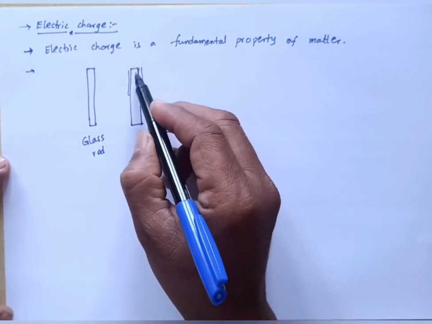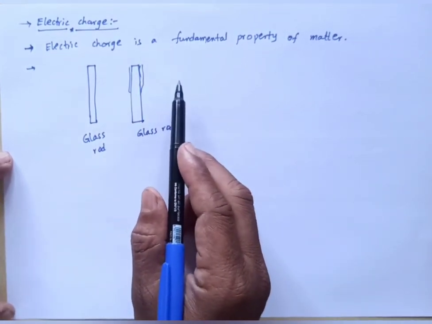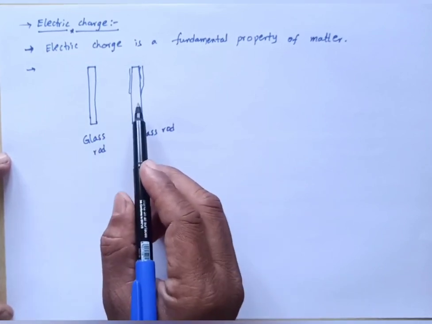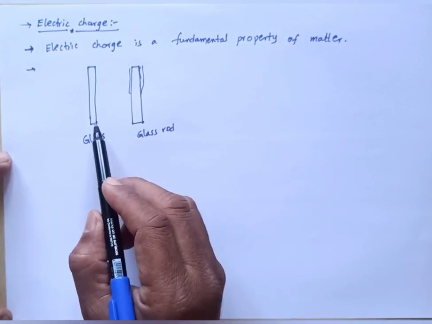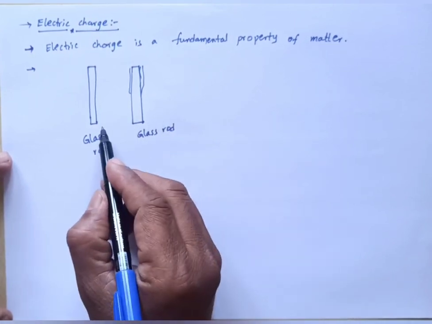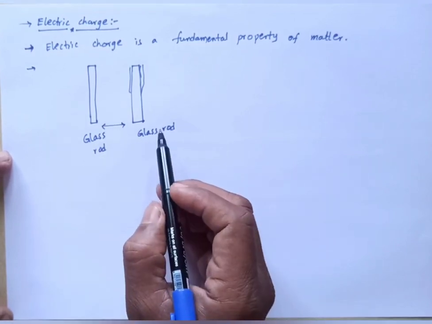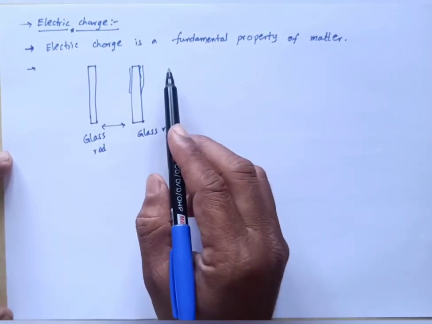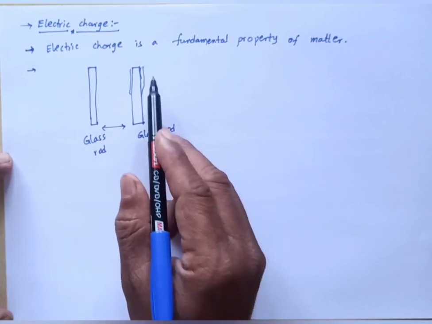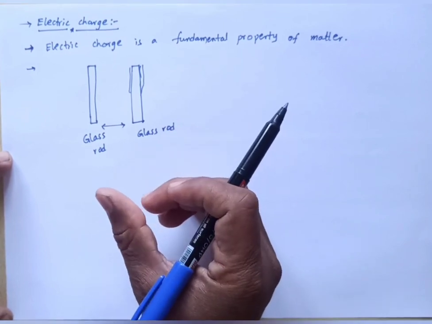After rubbing, these two glass rods accumulate certain charge. The two glass rods repel each other, and a glass rod and the silk cloth attract each other.